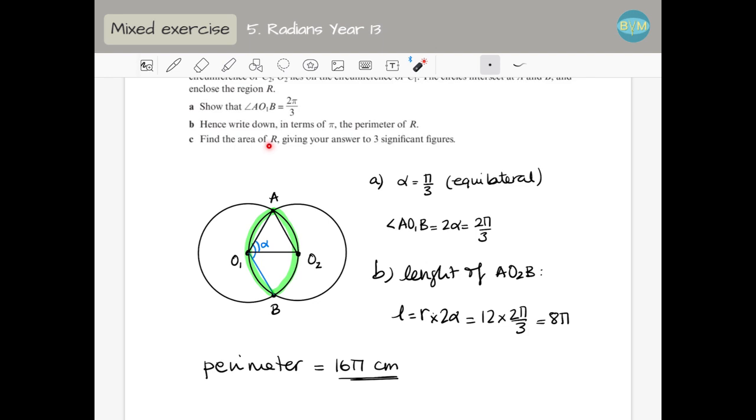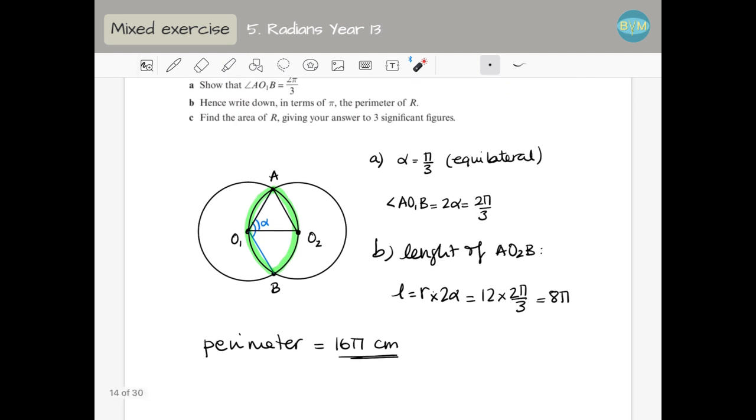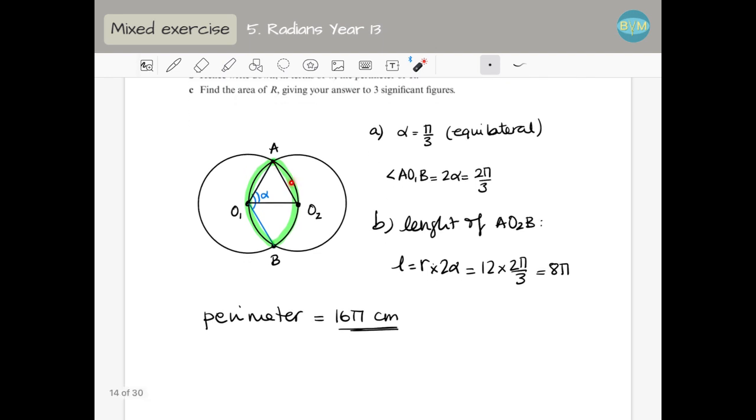Find the area of R, so this area here, giving your answer to 3 significant figures. This area here, I'm going to split in 2 and find the segment. Let me change color at least.